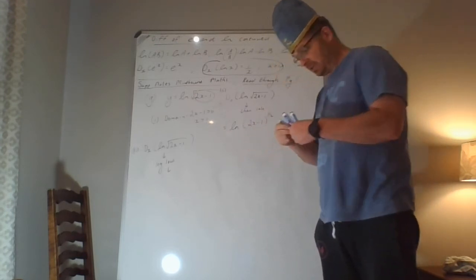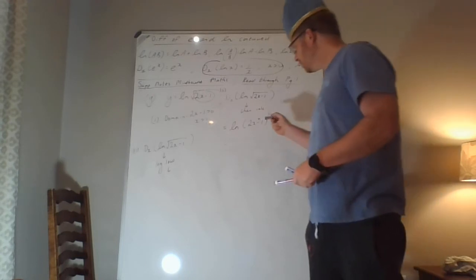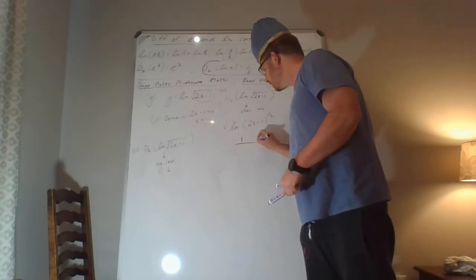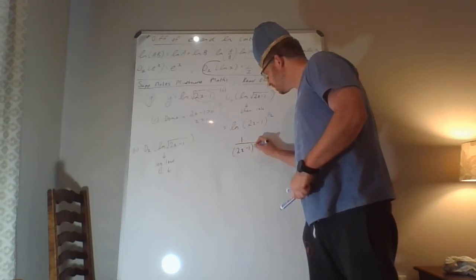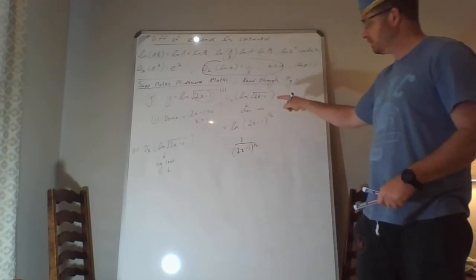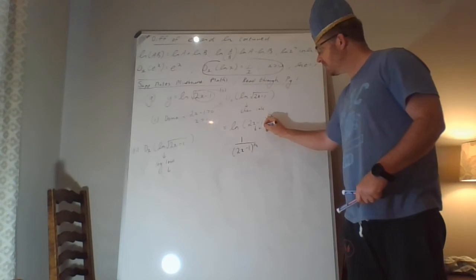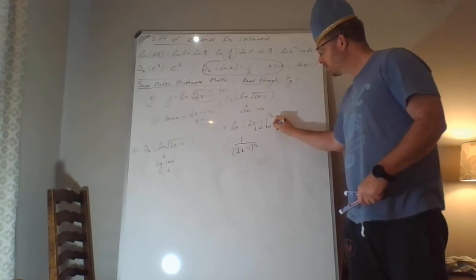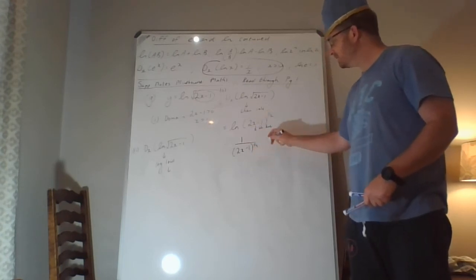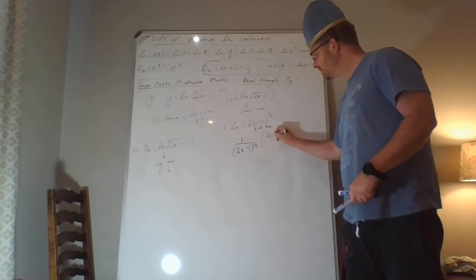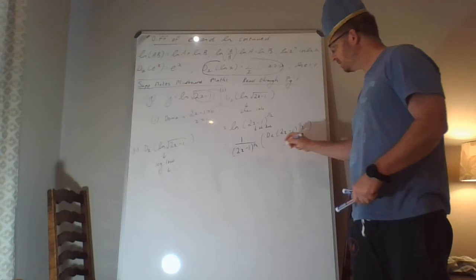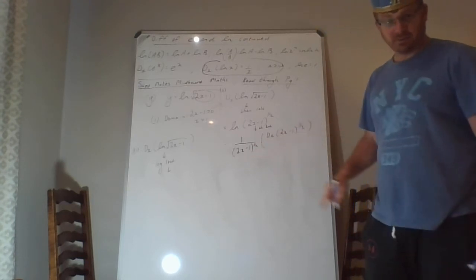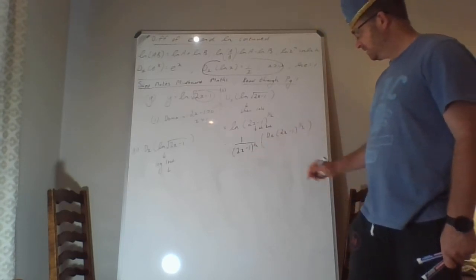So I'm going to use the chain rule now. So it's going to be 1 over 2x minus 1 to the half. That's just using that. So I'm using the chain rule to get from here to here. Chain rule. And I'm saying 1 over that times the derivative of 2x minus 1 to the half. The derivative of the outside times the derivative of the inside.